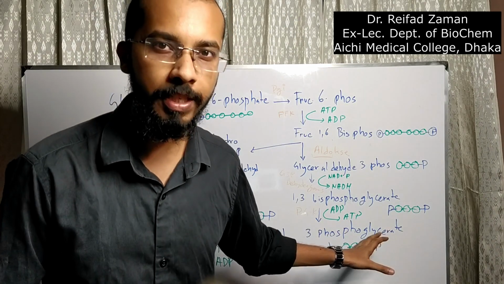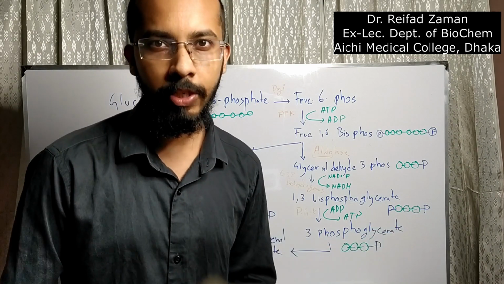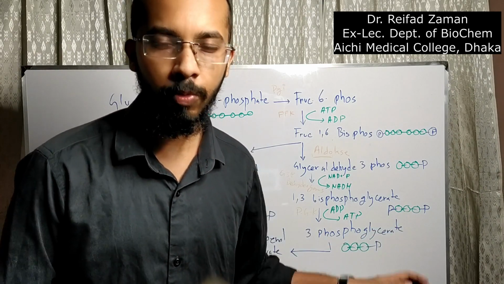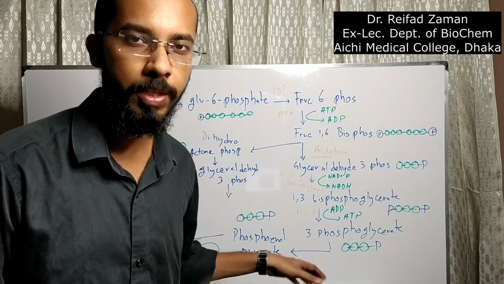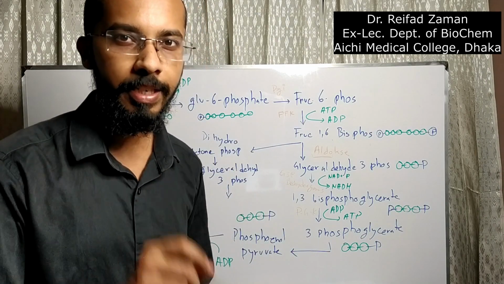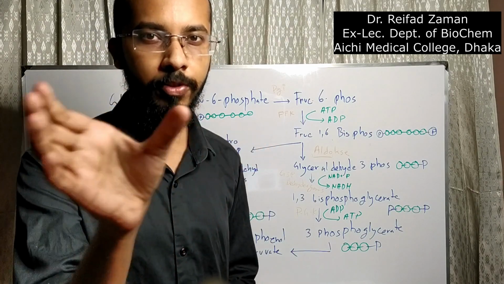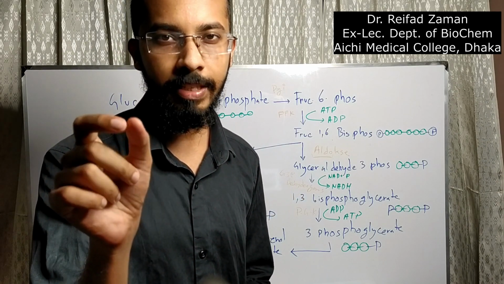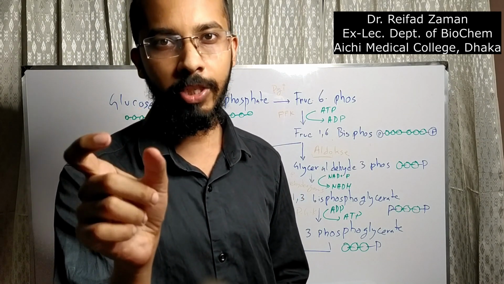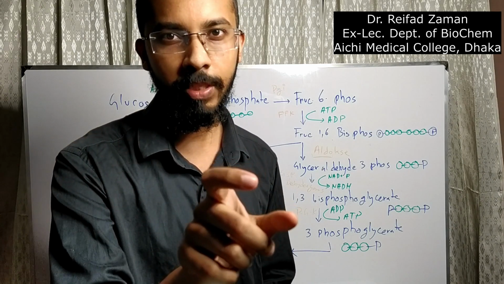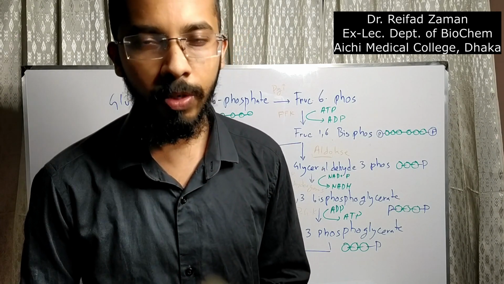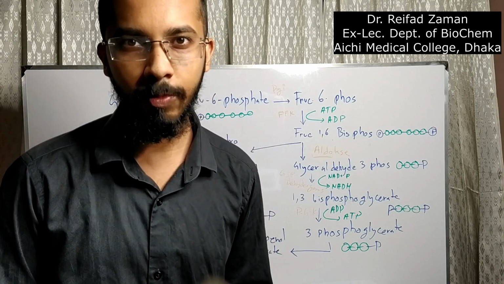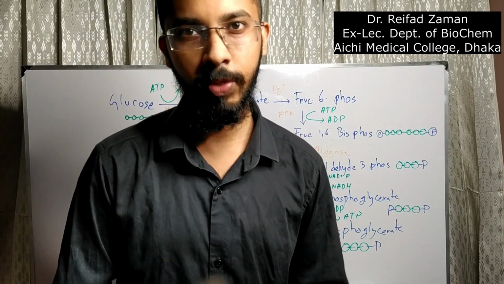Next, the 3-phosphoglycerate becomes converted into 2-phosphoglycerate. Now, although I haven't written this step on the board, you can understand it like this. 3-phosphoglycerate becoming 2-phosphoglycerate. So basically the phosphate atom is jumping between the carbon atoms, and this occurs with the help of an enzyme called phosphoglycerate mutase.